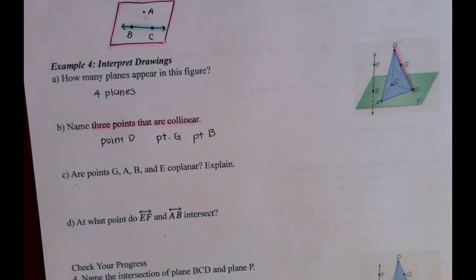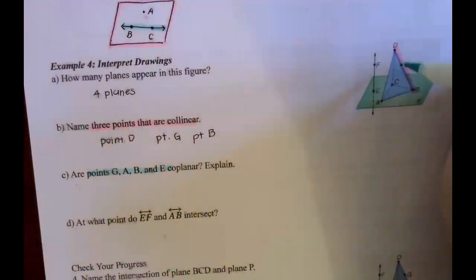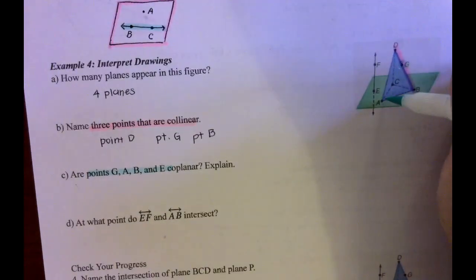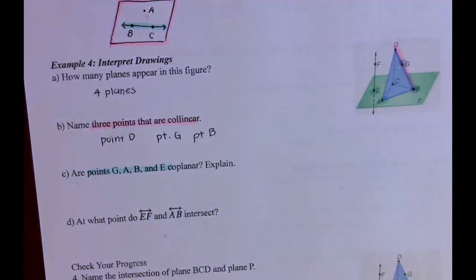The next question asks, are points G, A, B, and E coplanar? So let's find these points. Point G is here, point A is here, point B is here, and point E is here. Are they coplanar? Are they with each other on the same flat surface?